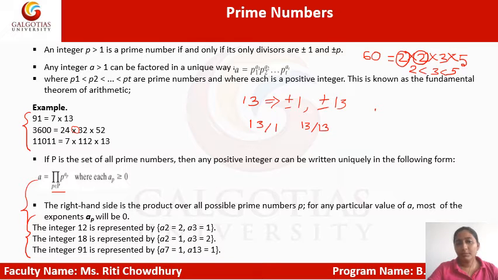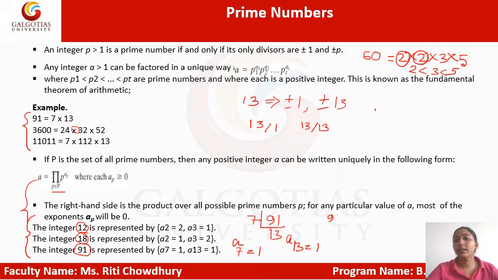Suppose there is 12 or 18, whatever number you want, or 91. Let's suppose it's 91. If we divide 91 by 7, the result will be 13. So I have 7 one time and 13 one time. I will write here A13 and A7.